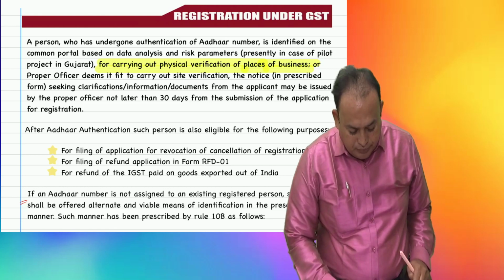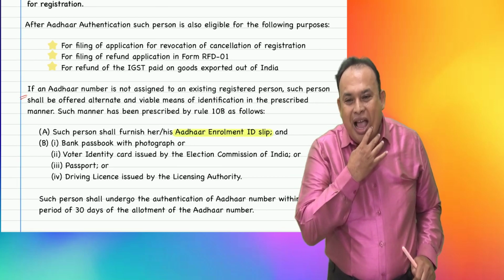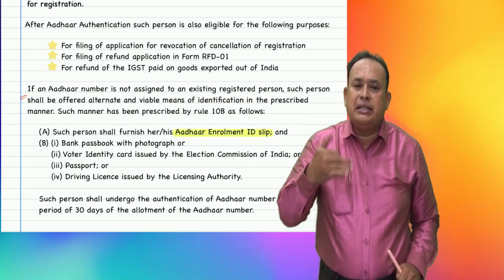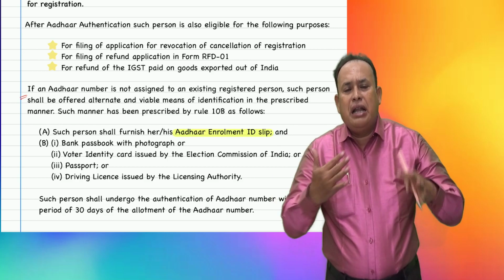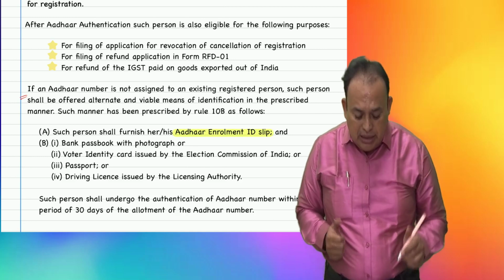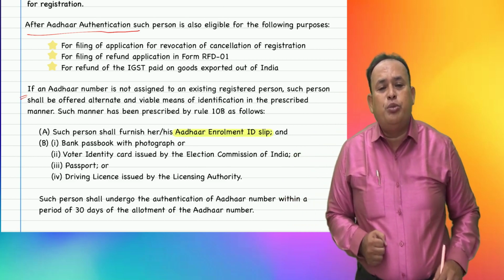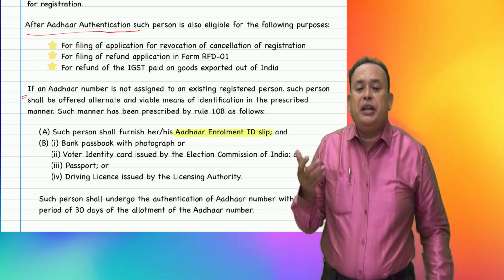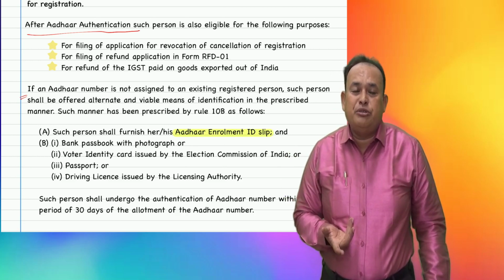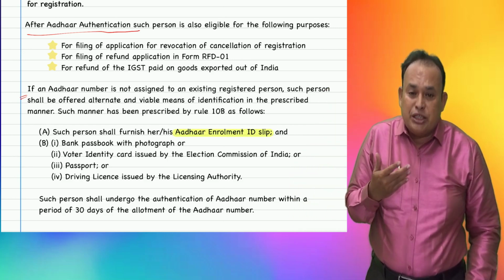Further, if a person who applied for registration along with Aadhaar authentication, or a person who is already registered and is now undergoing Aadhaar authentication because it is mandatory from 1st January 2022, then after Aadhaar authentication, such person is also eligible for the following purposes: for filing the application for revocation of cancellation of registration, for filing the refund application in the form GST RFD 01, for refund of the IGST paid on goods exported out of India.